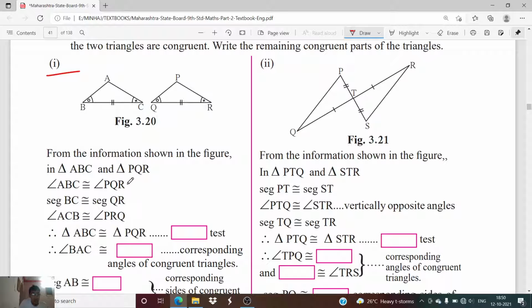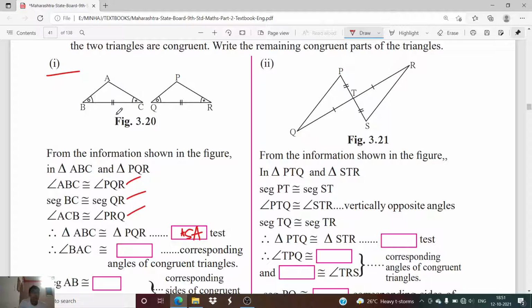So we have got two pairs of angles and one pair of sides congruent to each other. So in that case, we can write that triangle ABC is congruent to triangle PQR by angle side angle test, so by ASA test.